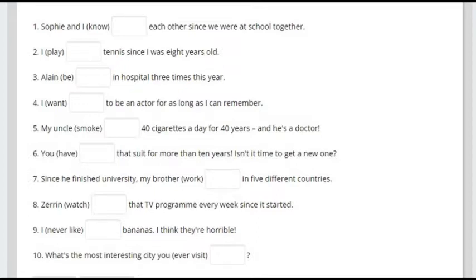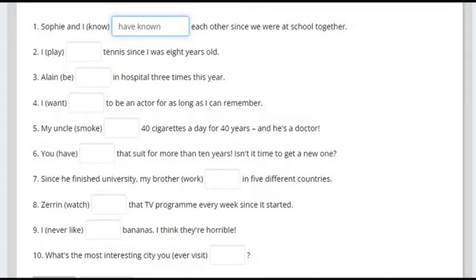Sophie and I know each other since we were at school together. So, right answer is Sophie and I, we need to put auxiliary verb have and the past participle of the verb know. It's known, have known. Very good.